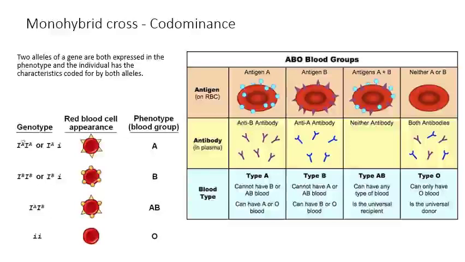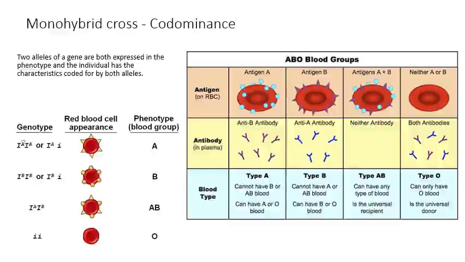Therefore, type O can only receive O-type blood. It will attack all the antigens on the other blood groups. And it is considered the universal donor. Why is it considered the universal donor? Because it doesn't have any antigens on it. These antibodies are not going to attack this red blood cell.